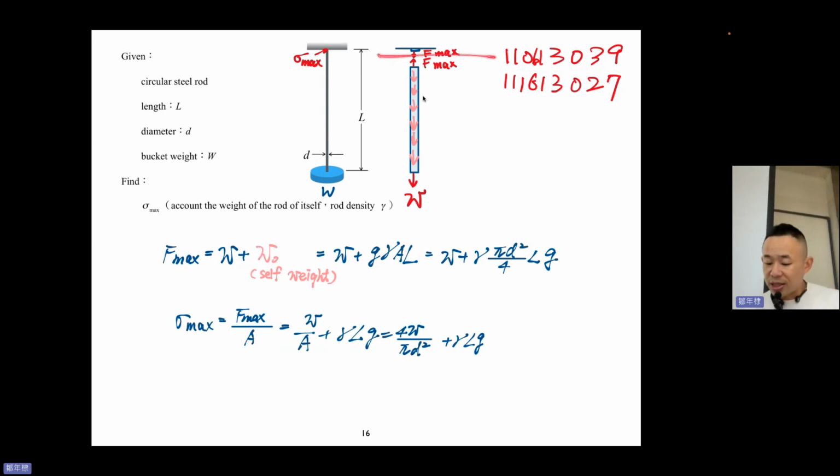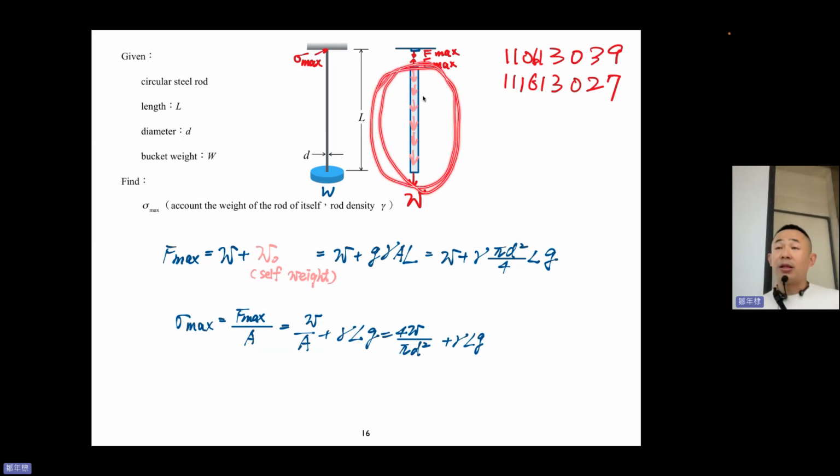If we cut it and separate it into two parts, the interface must have some load, some force on it. Otherwise, the other part cannot maintain the equilibrium state.